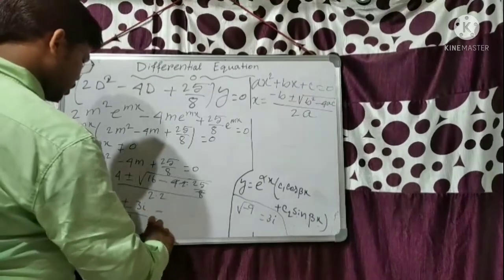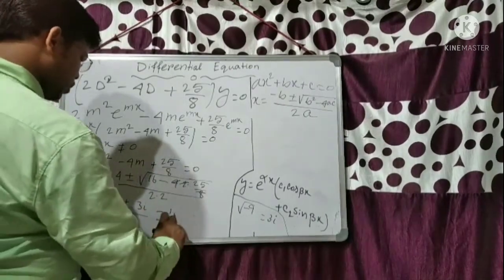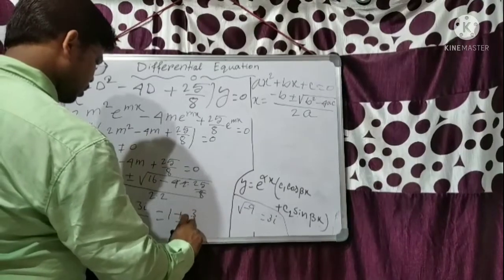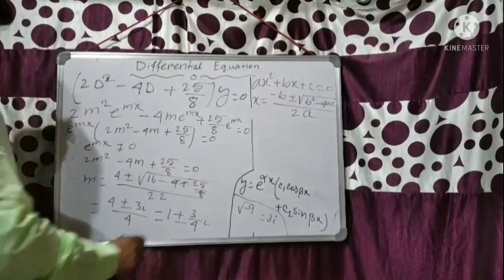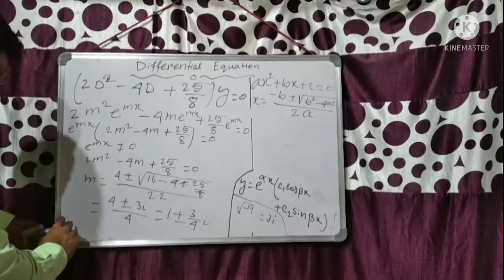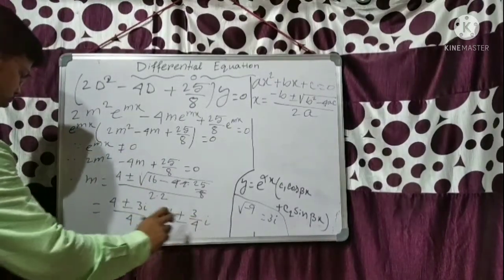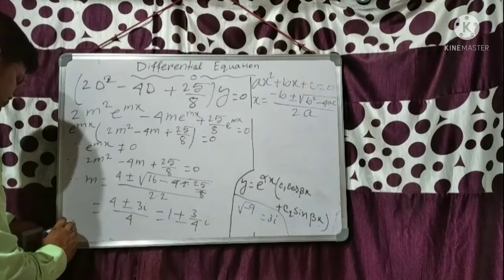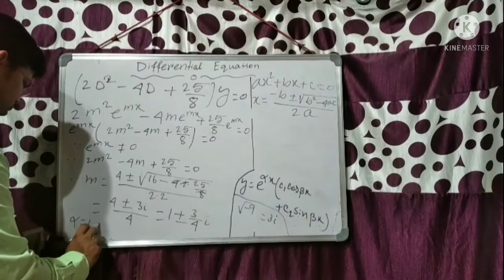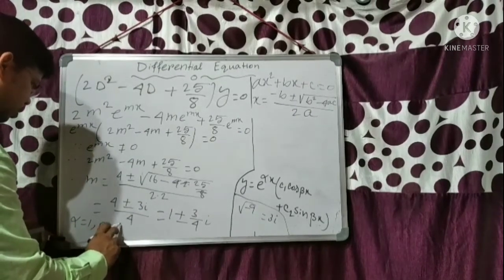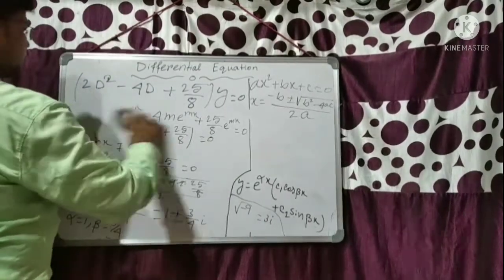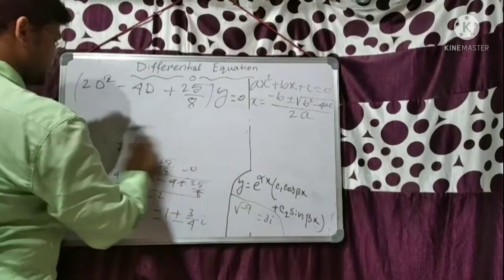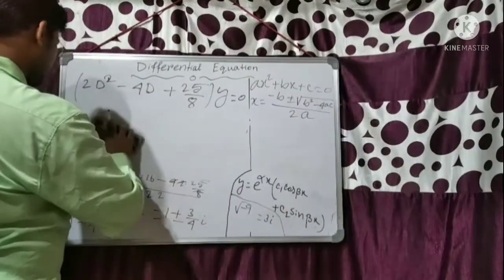So this equal to, we can write 4 by 4 means 1 plus minus 3 by 4 i. So here the value of alpha is 1 and the value of beta is 3 by 4. So here this is the alpha plus minus i beta means these are complex conjugate. So value of alpha equal to 1 and the value of beta equal to 3 by 4. Okay, therefore in that case the general solution will be, just put here the value of alpha and beta.